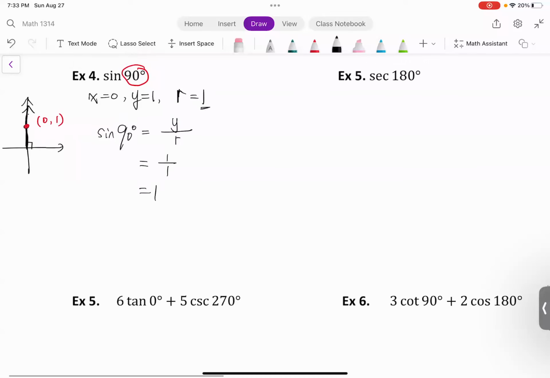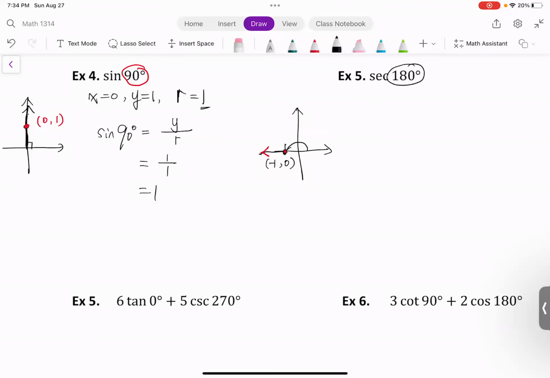Secant 180. So let's emphasize the 180 first. Where is the endpoint? Where is the terminal side? So if I have the xy plane, from here to here is 180. So I'm trying to find a point here on the terminal side, and this point's coordinate is -1, 0.